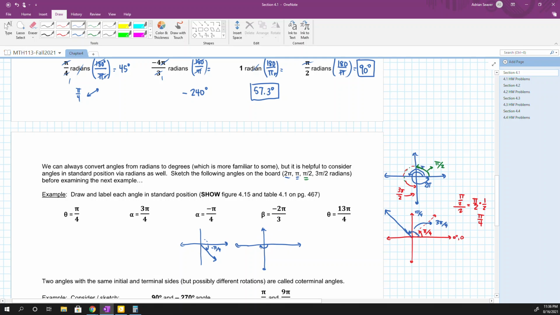If I go the negative direction, this would be negative 180 or a negative pi radian measure. I don't want to go all the way around, and I don't want to go halfway around. I want to go 1/3 of the way around. So I don't want to go quite to half. I want to be somewhere in here, about 1/3.